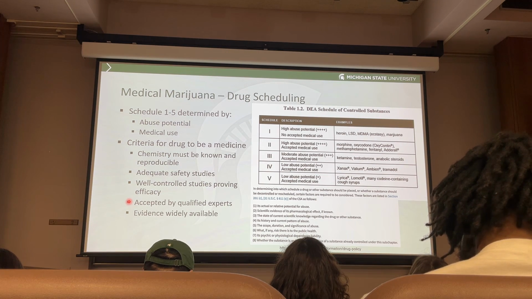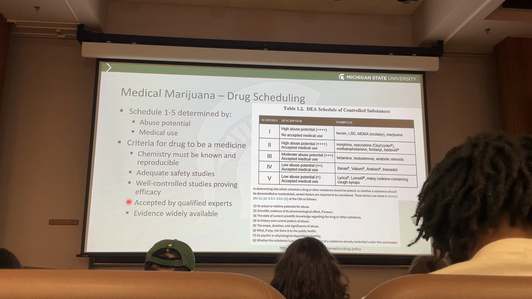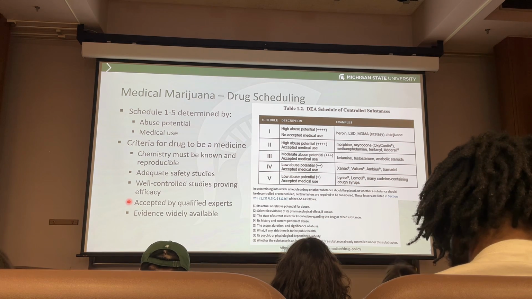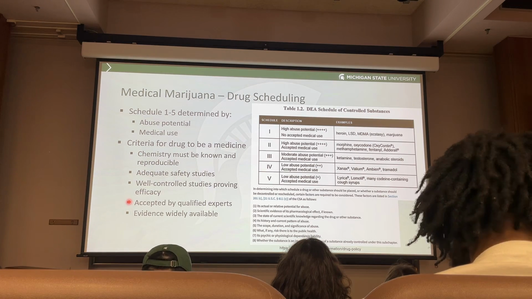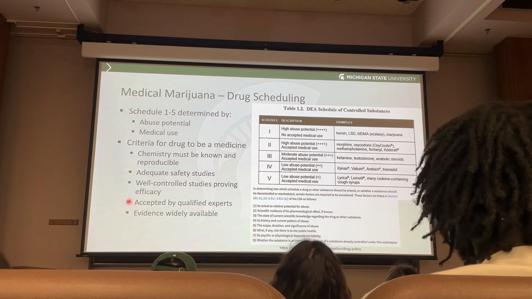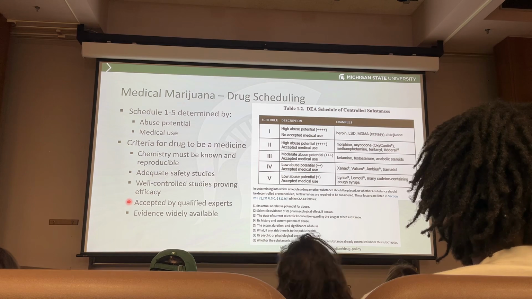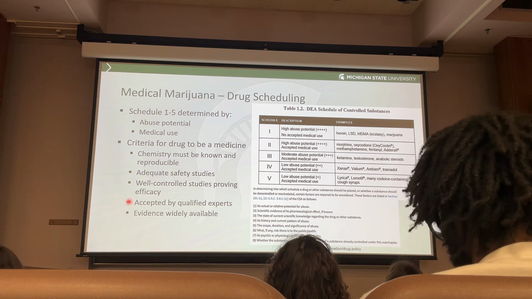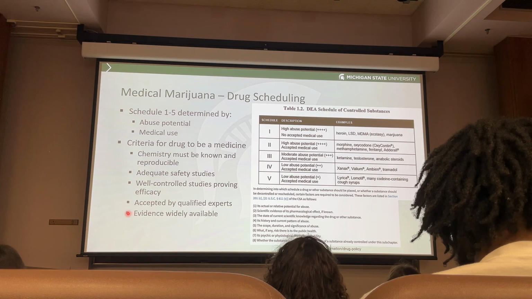Accepted by qualified experts. So each time you finish a clinical trial, regardless of which phase you're in, you will publish it in a journal, New England Journal, JAMA. Those are big ones for the bigger marketed or market value drugs. But they have to be evaluated and then accepted by experts in the field. And then on top of that, evidence widely available.